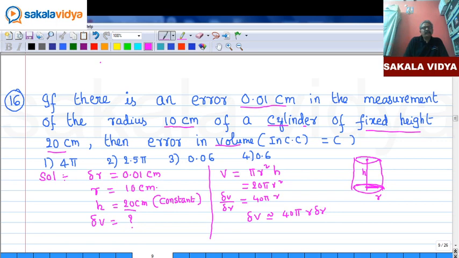We know the r value and delta r value, so let us substitute. 40 pi multiplied by r is 10 into 0.01. So, approximately 10 into 0.01 is 0.1, into 40 is 4, that is 4 pi cubic centimeter. So, the first option is the right option.